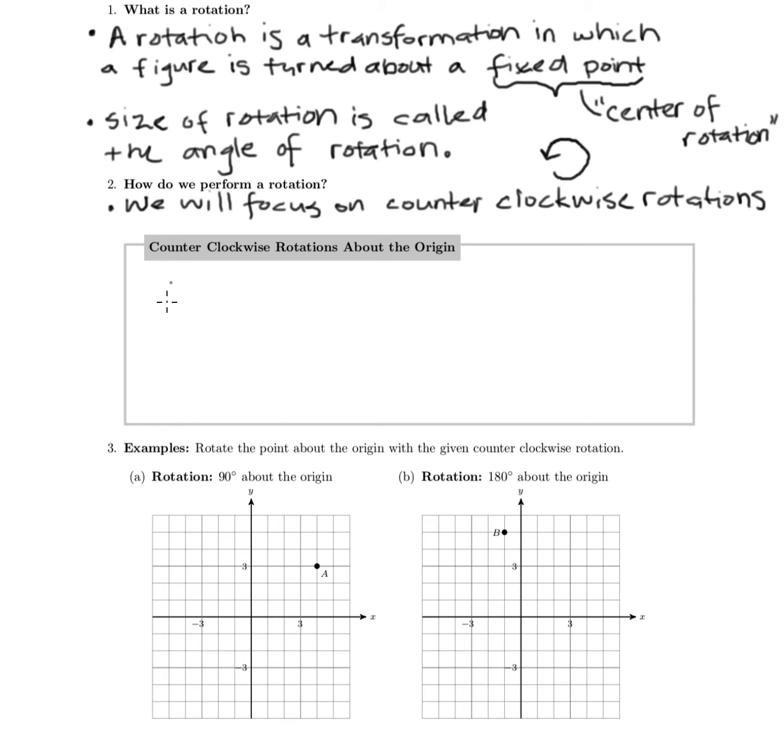The first one is the 90-degree rotation about the origin.